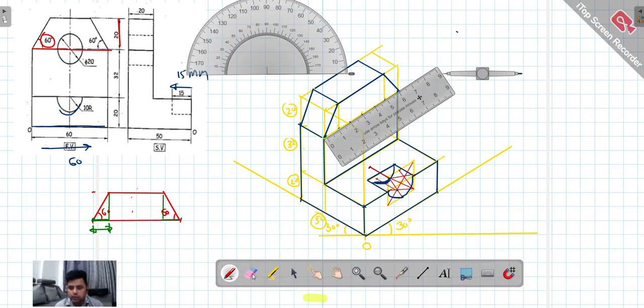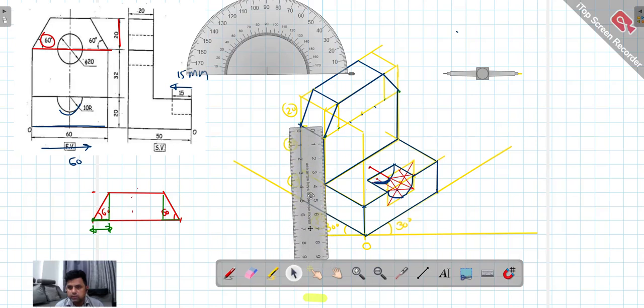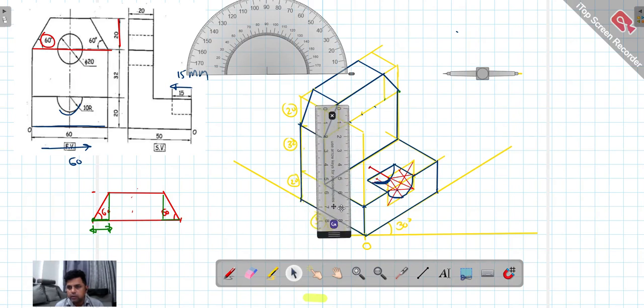Now what I will do, I'll take yellow color and I'll draw vertical lines. Of course the diameter is 20, therefore the square is of 20 by 20. So from this point I will draw vertical 20. This is 20.